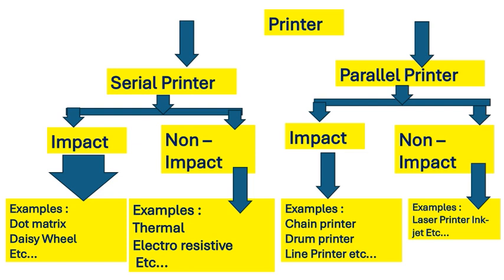Inkjet printers spray tiny droplets of ink directly onto paper, making them versatile and great for both text and images, especially in home or small office settings. So, in summary, understanding these classifications helps us choose the right printer for the specific needs, balancing factors like speed, quality, and cost, all of which tie back into our overall goal of efficient and effective printing solutions.